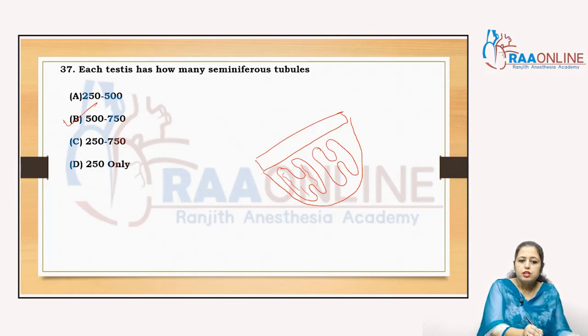So when we calculate, the number is around 500 to 750, and the range is 600 to 800. So the most appropriate answer is the 3rd option.